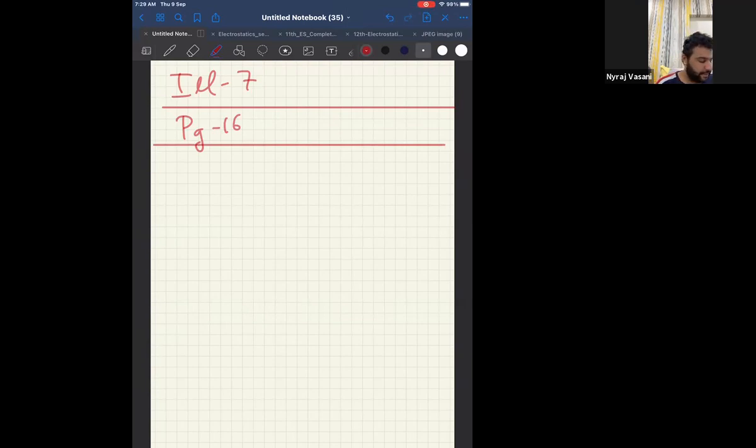In page number 16, come to concept application exercise 1. In that, see question number 2. Solve it and tell me if you have understood.